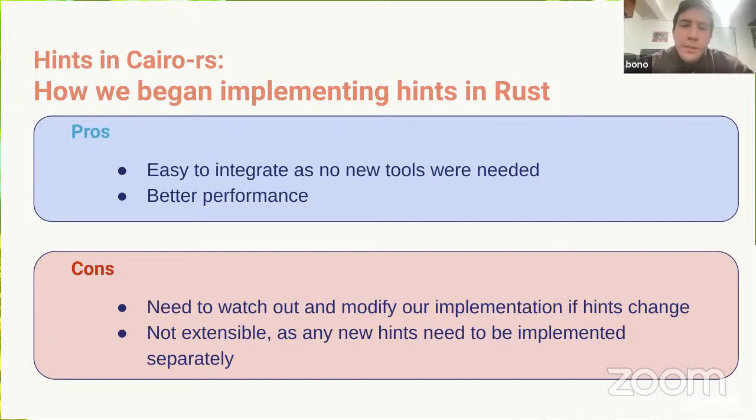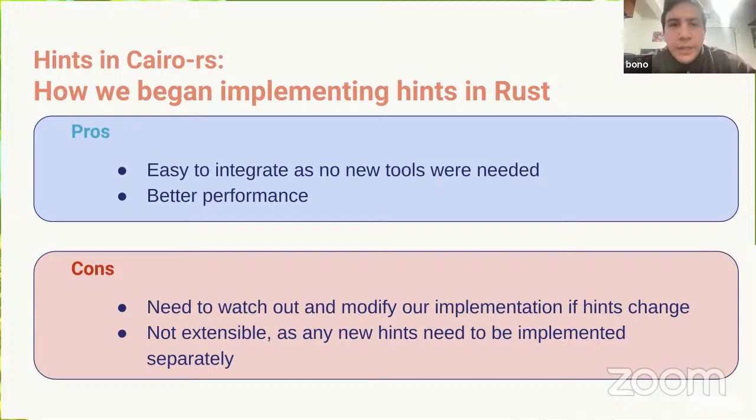Yeah, hints were one of the portions of the original VM that took more time because they are basically Python code. Implementing them in Rust was a difficult task, but it led to a really big increase in performance.